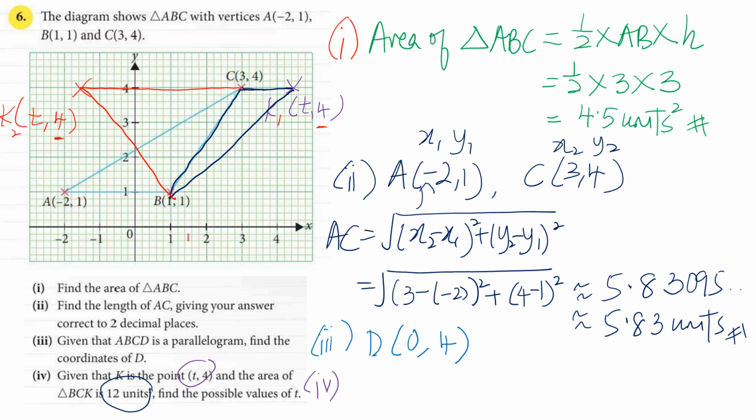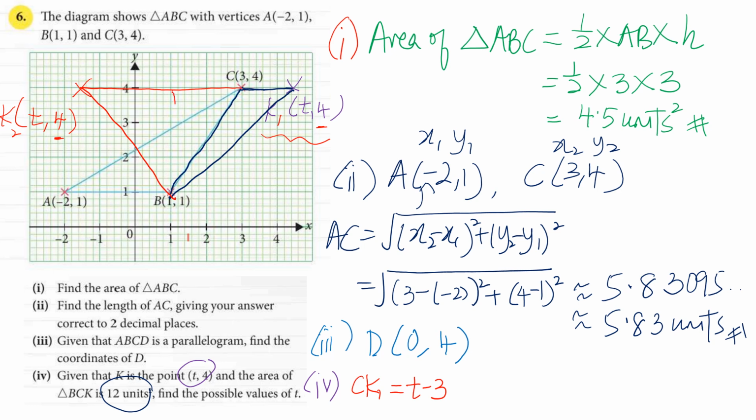So if it lies on the right hand side, then the distance of CK1 will just be t minus 3. Okay, and then your vertical distance will be here.